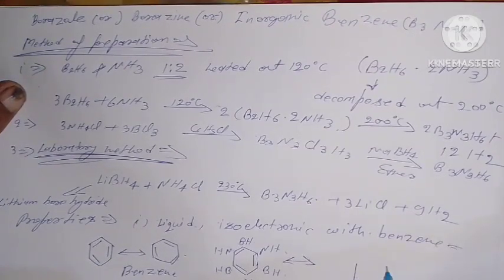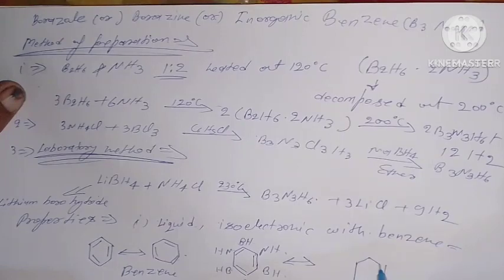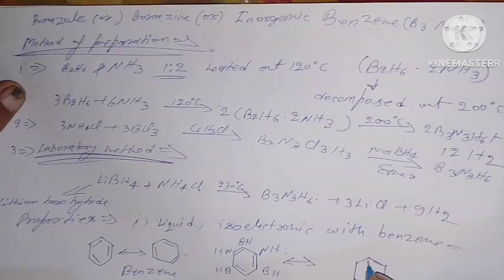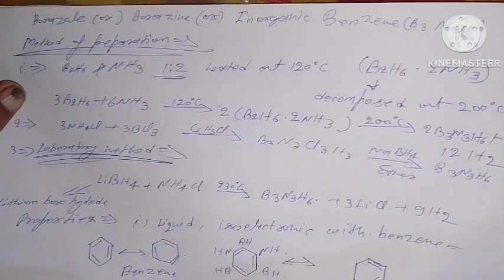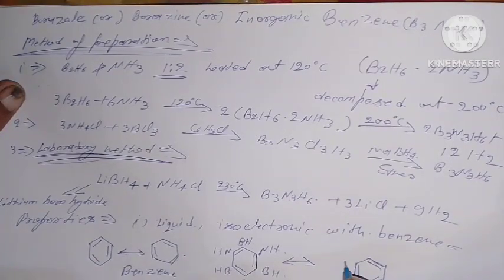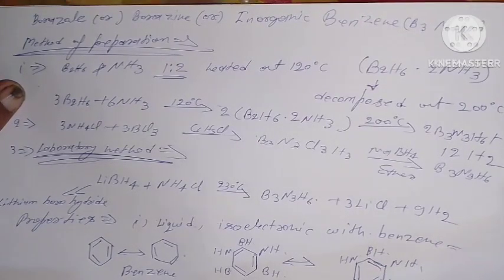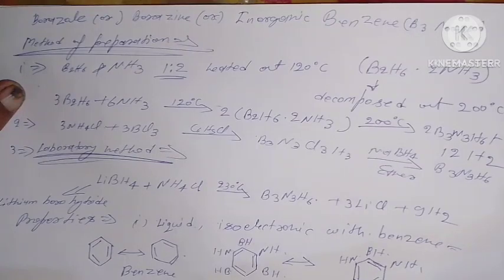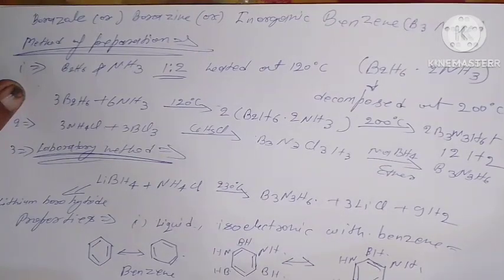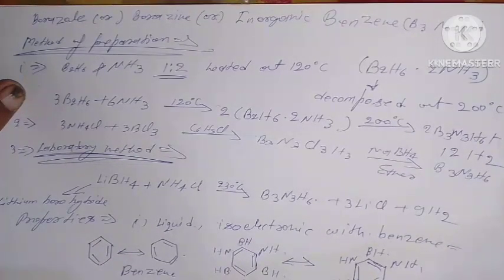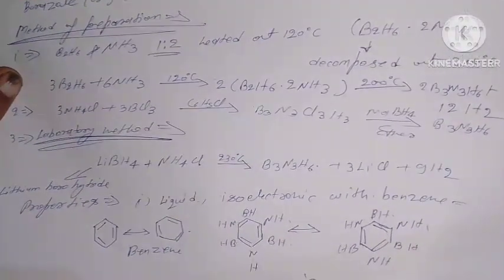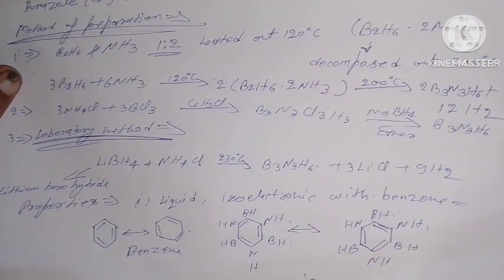That makes 1, 2, 3, 4, 5, 6. Okay. 1, 2, 3. HN, BS, NS, BS, NS, HB. Okay. Inorganic benzene.